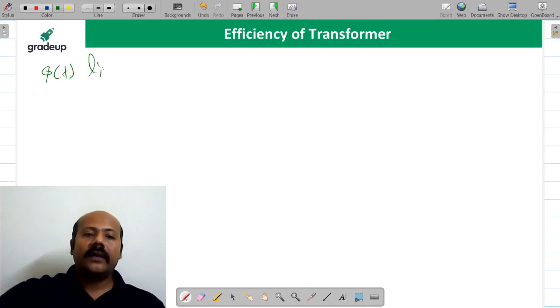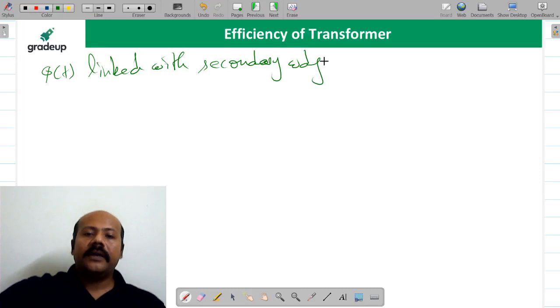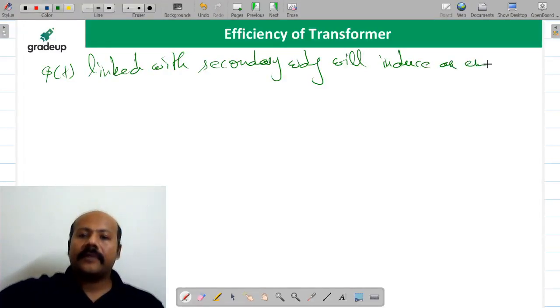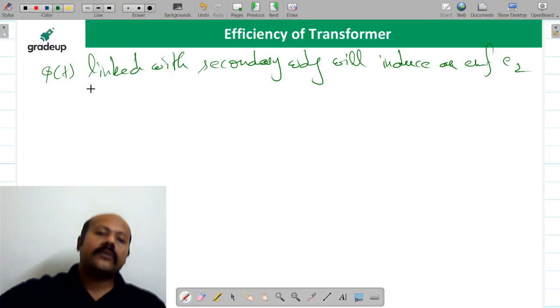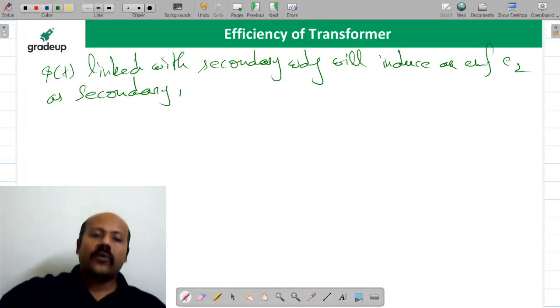Phi t linked with secondary winding will induce an EMF E2, as secondary is open circuited.